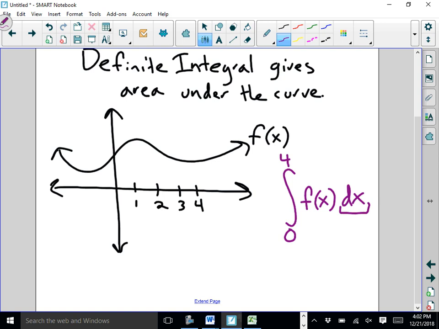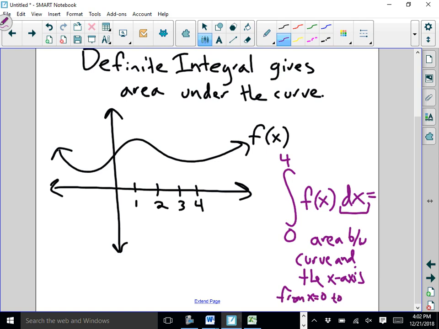So the answer to this definite integral, 0 to 4 of f of x dx, is going to equal the area between the curve and the x-axis from x equals 0 to x equals 4.